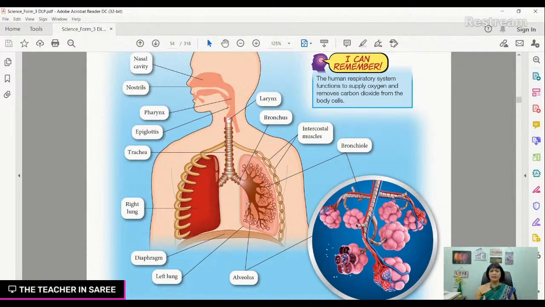The lungs are in the rib cage, which is like a cage. Everything has a reason. Why? Because this rib cage is very important to control the volume and the pressure inside the thoracic cavity.